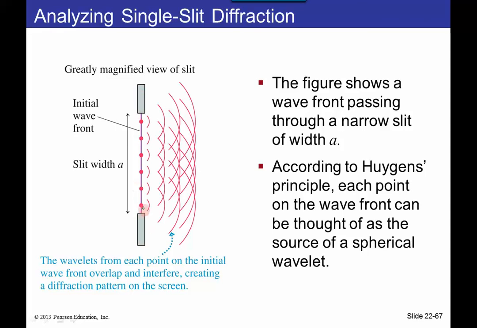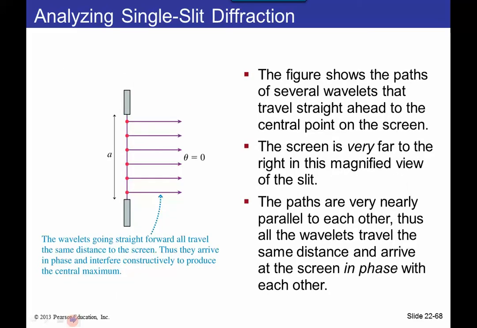You have your opening, and each point is generating a secondary wave. You can see here that you're going to get the interference patterns right here, and therefore you're going to get your diffraction patterns. If all the waves are going straight, you would have a central maximum, and that's all you're going to get.